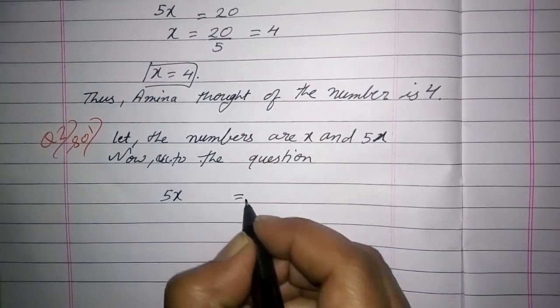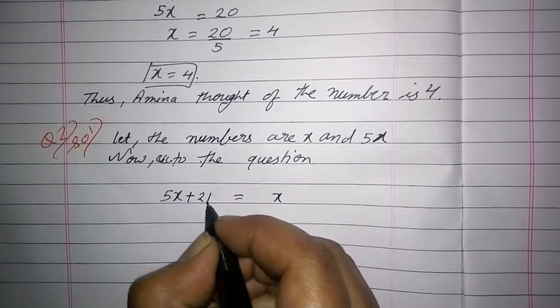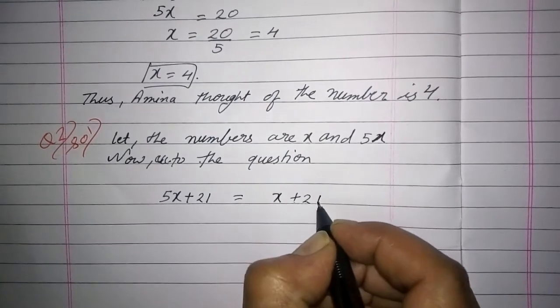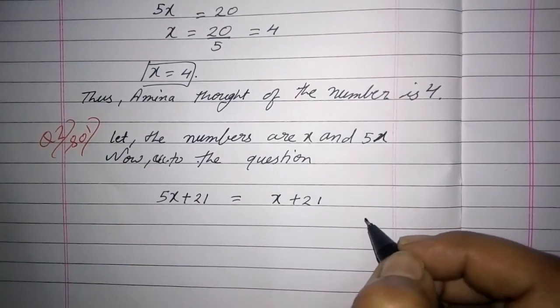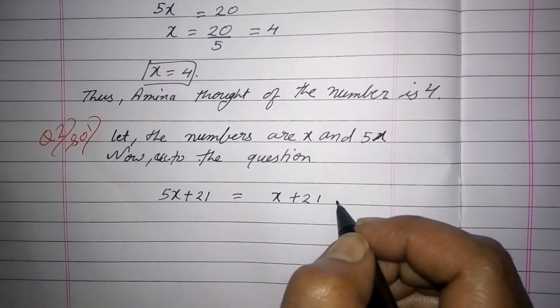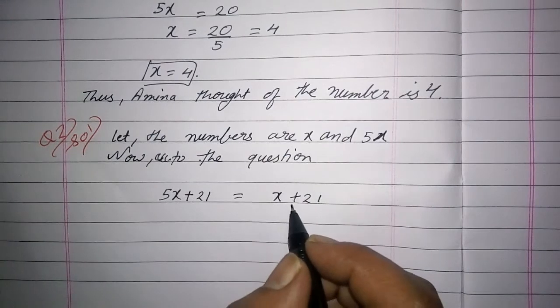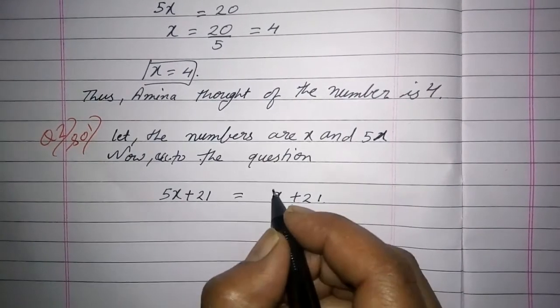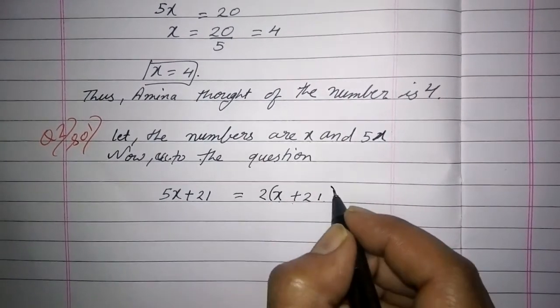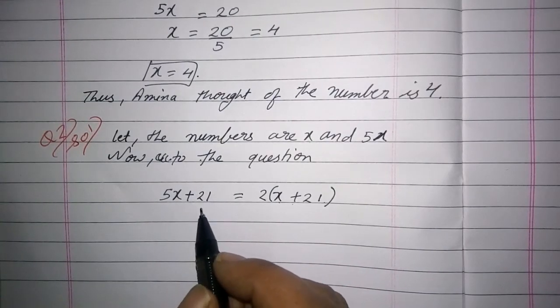If we add 21 to both numbers, then one of the new numbers becomes twice the other new number. So this number, x plus 21, becomes twice, means 2 times the other number. The other number is 5x plus 21.